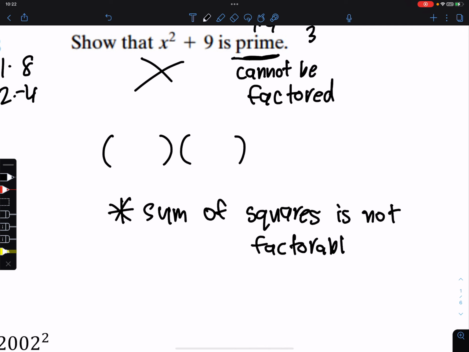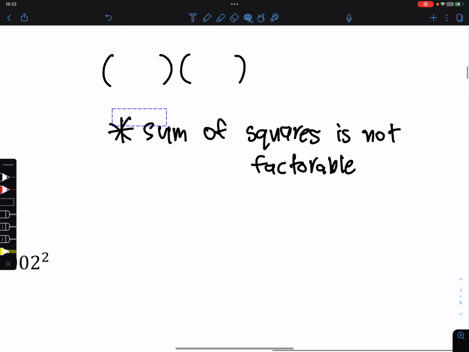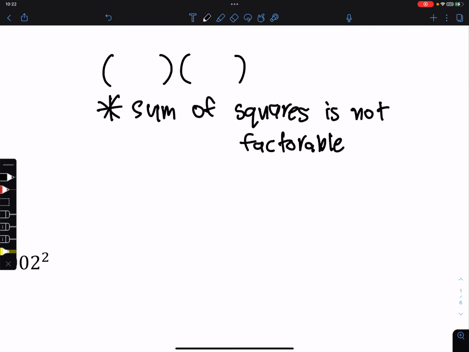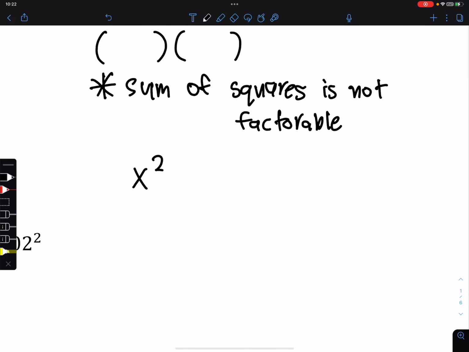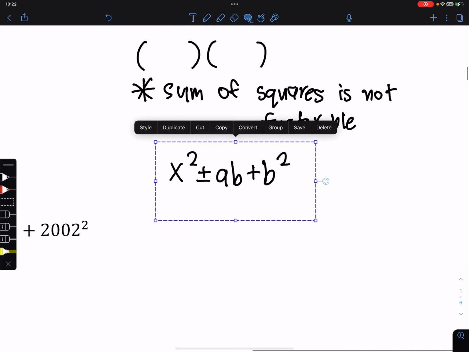Okay? So whenever you see this on your paper, you know that it's not factorable. Similarly, if you see something in the form of x squared plus or minus ab plus b squared, this is also not factorable, but that's something for the future.